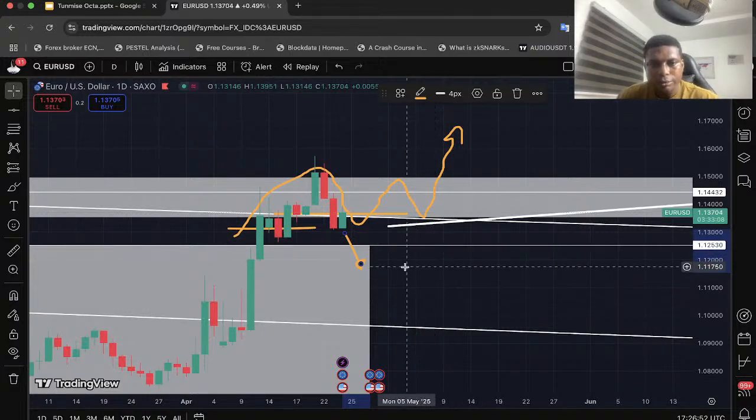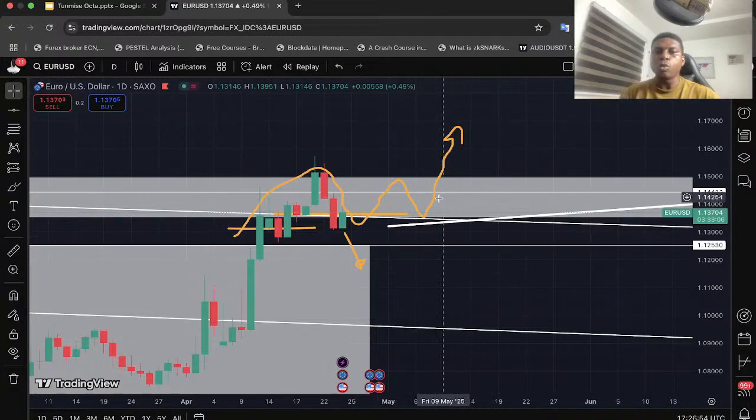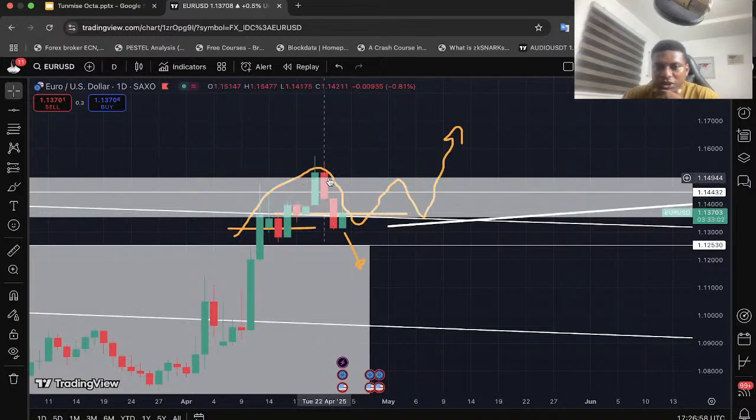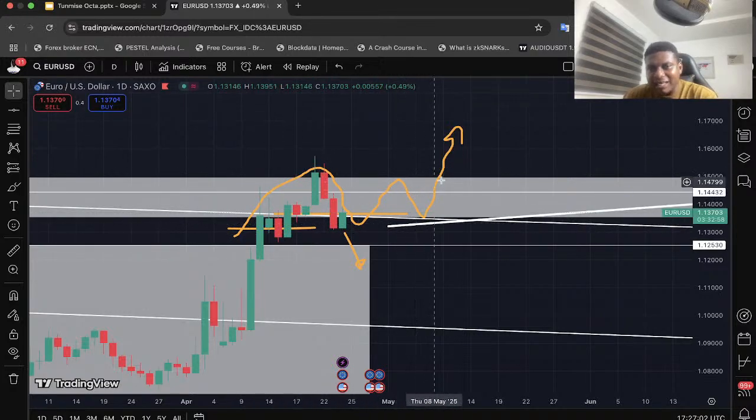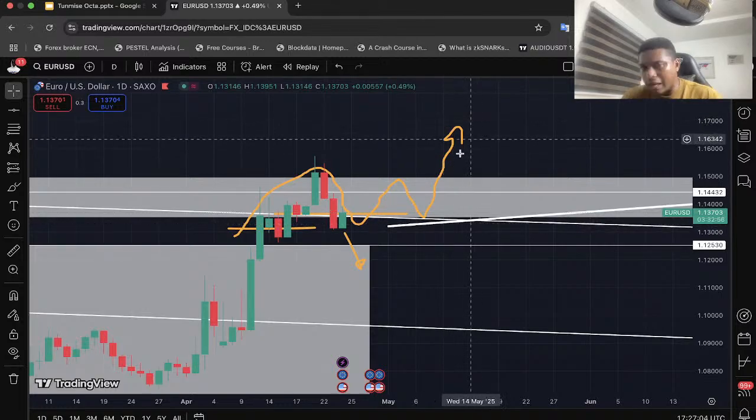So this is what we have on the daily time frame, because we would see that price would consolidate at this level before pushing back up.